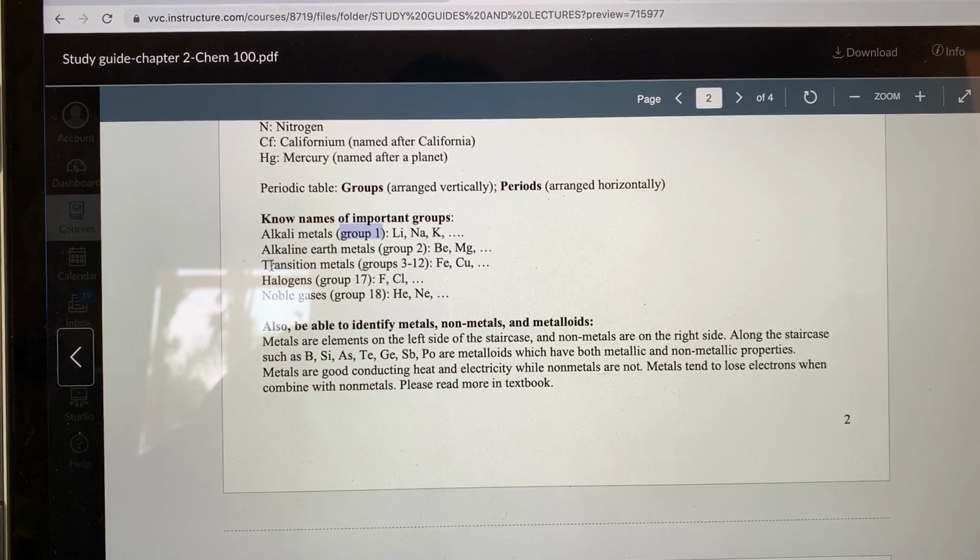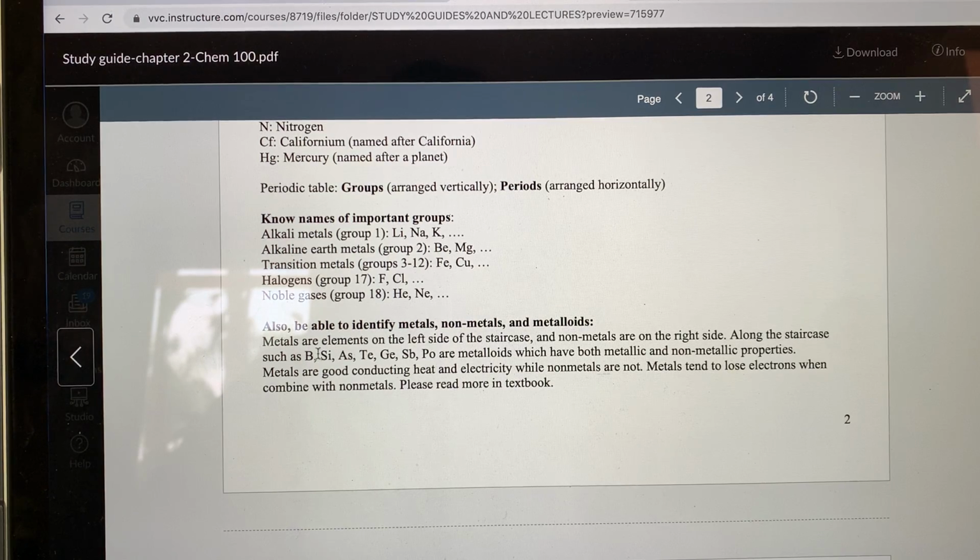Alkaline earth metals are the ones in group 2, starting with beryllium, then magnesium, and then calcium, and so forth. Transition metals, you have the whole block going from group 3 to group 12, all the B groups. Okay, those are a few examples. And then you have halogens, group 17, and noble gases, group 18, which is the last one on the right.